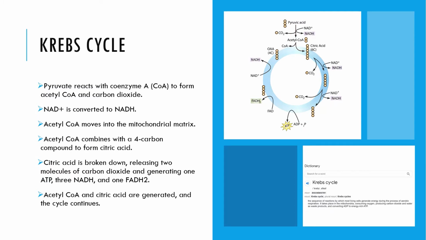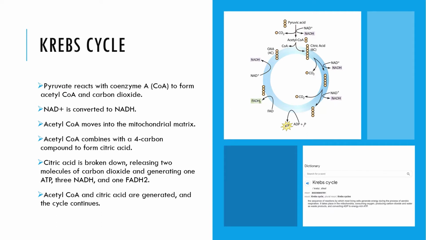Okay, next, the Krebs cycle. So one of those pyruvates is going to react with coenzyme A, or CoA, to form acetyl-CoA and carbon dioxide. NAD plus is converted to NADH. So if you look at the very top of this diagram that we have, one of those pyruvates is going to lose one of its carbons to become a carbon dioxide.